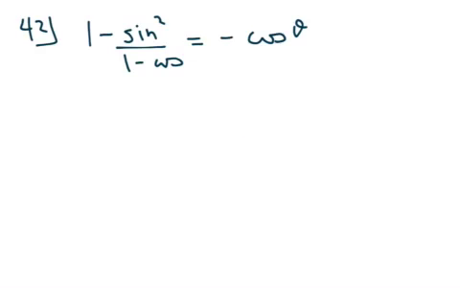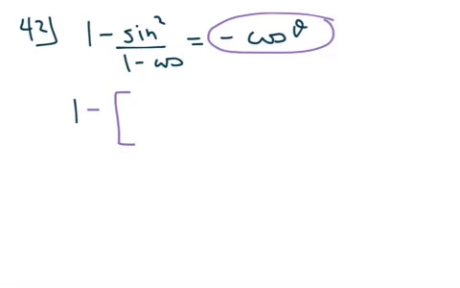We have 1 for 42. I'm going to write this as 1. Since this is negative cosine of theta, I'm going to write this as, and I'm going to go ahead and put this in brackets, 1 minus cosine squared over 1 minus cosine.